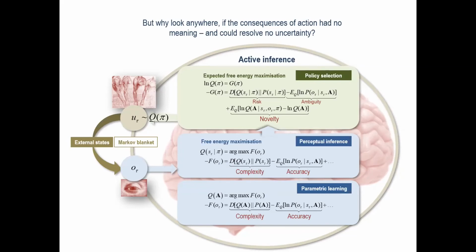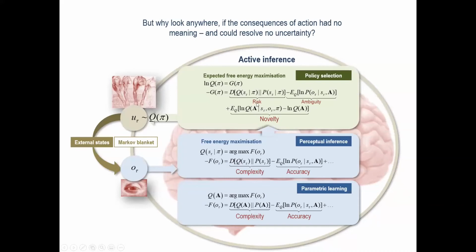And I've cartooned that here just by creating a slightly extended version of this computational architecture to highlight the fact that there's not just states that we have to infer.